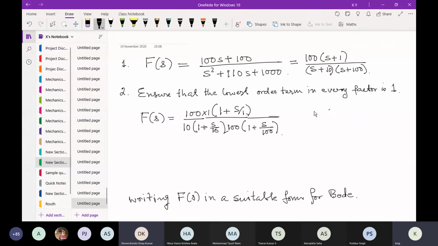So if you have a quadratic factor, let us say 2. This should come out to be quadratic, p square.